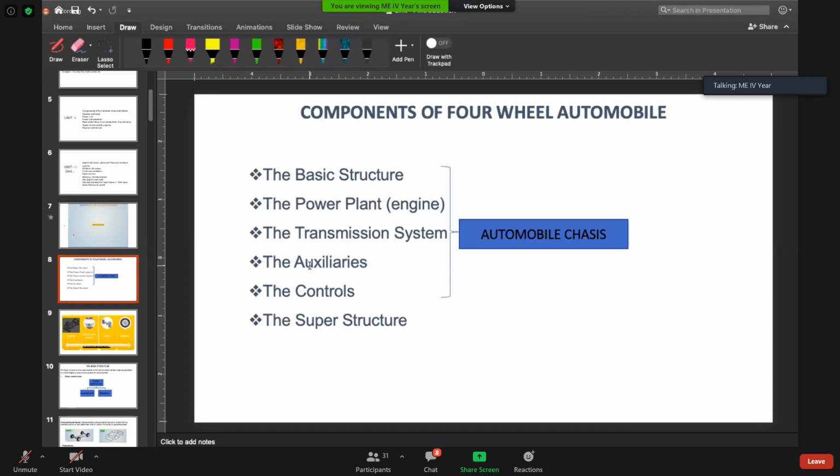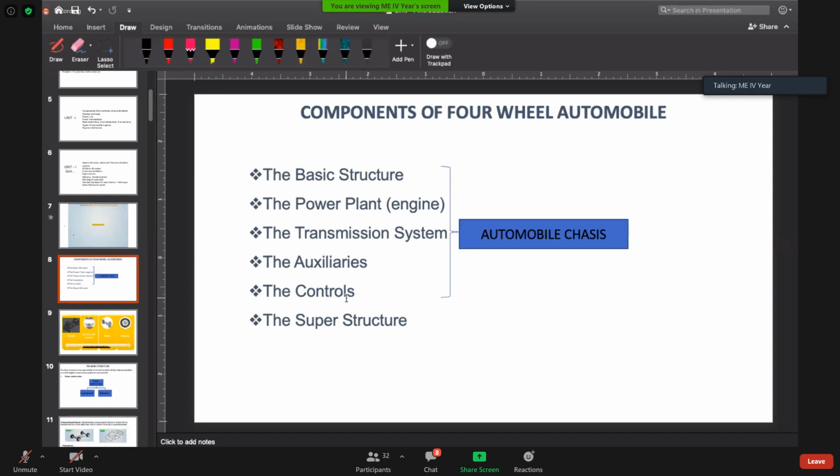Brake is not an auxiliary component, it is essential. These all come under the auxiliaries. They are not a compulsory requirement, but they are provided for comfort as well as some functions to ease the driving.